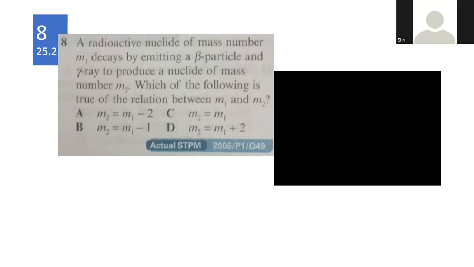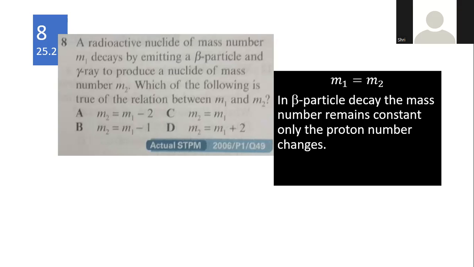What's the answer? C. Okay. The mass of beta is very small. Slight changes only from a proton to a neutron or neutron to a proton, depending on whether it's beta minus or beta plus decay. So the difference in mass of electron is very little. So M1 equals M2. Okay, good.